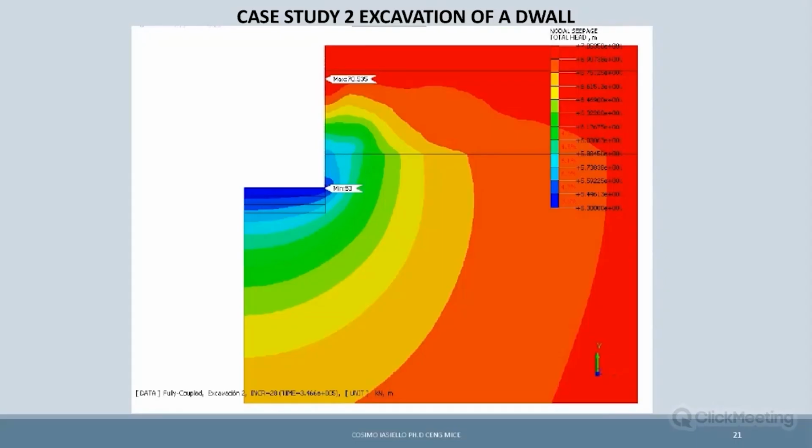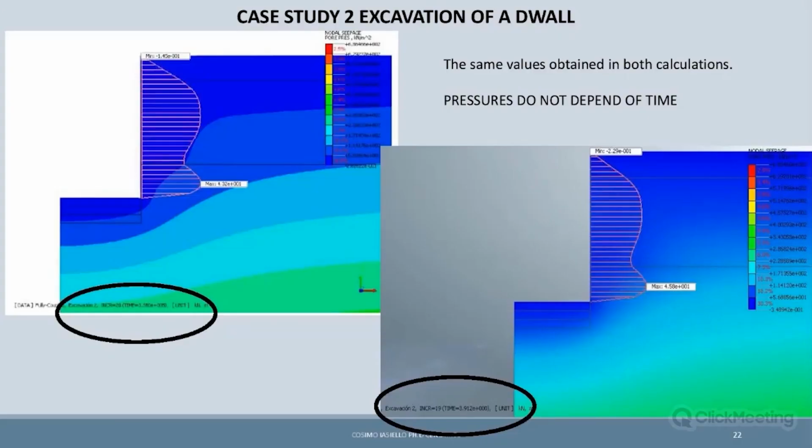These are the seepage, the total head. As you can see, it's perfect, like taking the seepage from a book, and here you can also see the two values depending on the different time. Here is 0 seconds, here is 20 days. As you can see, the value is the same.